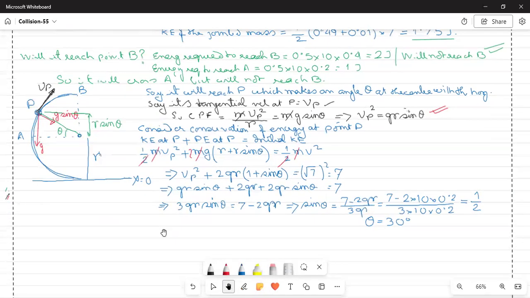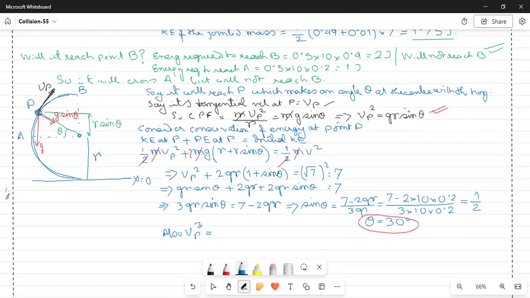This is a very important relation. So we get theta equal to 30, this angle is 30 degree. Also, we can get Vp from here. Vp square was gr sine theta.